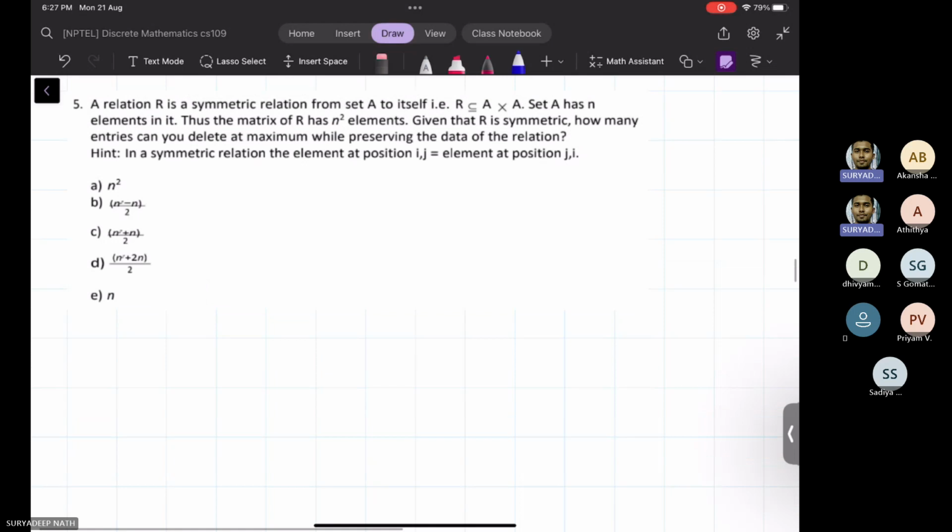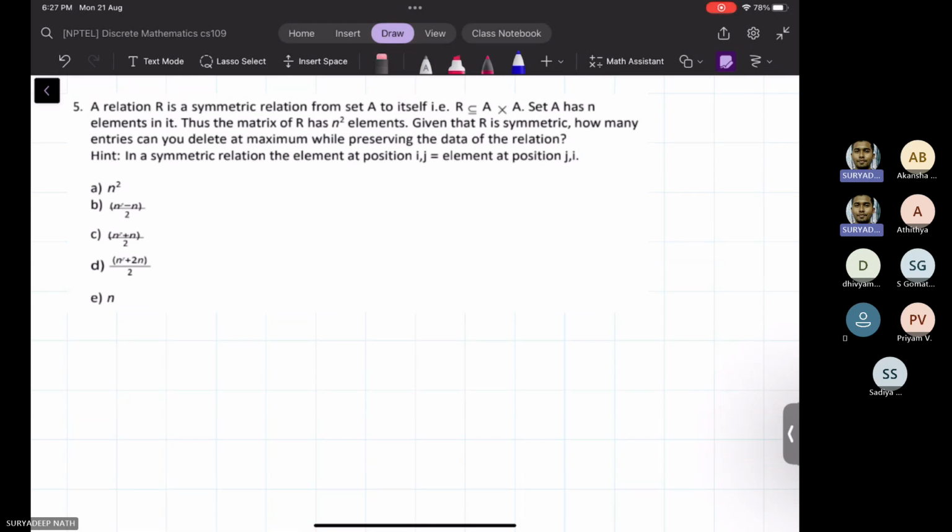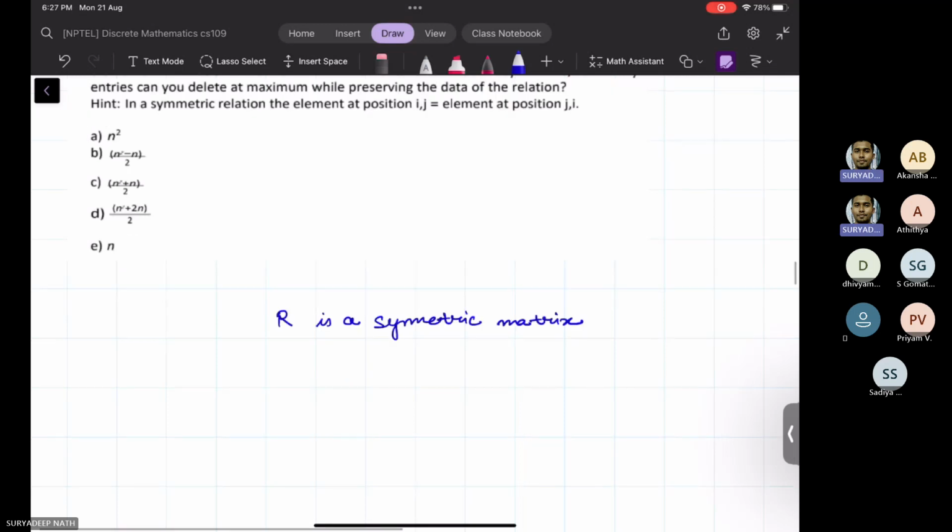Basically, the question is that R is a symmetric matrix, which means that R equals R transpose.